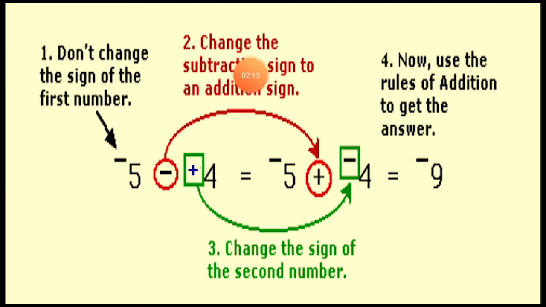As per the second rule, we change the subtraction sign to an addition sign. And as per the third step, we change the sign of the second number to its opposite. If the next number is a positive number, then we make it a negative integer, and later on we follow the rules we learned for the addition of integers.